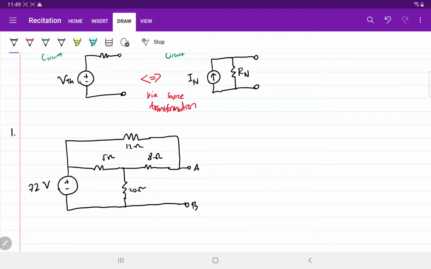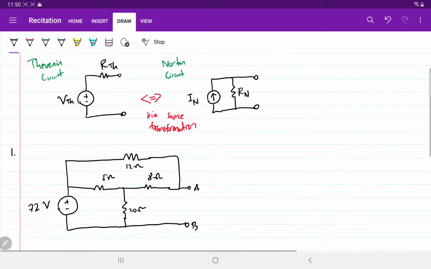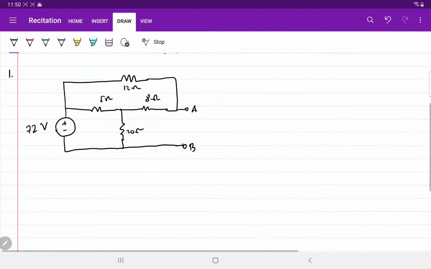Okay, so we can start by computing the Thevenin voltage first, or the Thevenin resistance first. So let's do the Thevenin resistance.